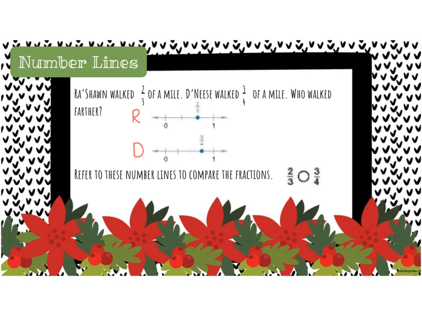Is 2/3 going to be greater, which is represented by this point, or is 3/4 greater? Would 2/3 be greater, or would 3/4 be greater? Good. I'm seeing a lot of 2/3 is less than 3/4.